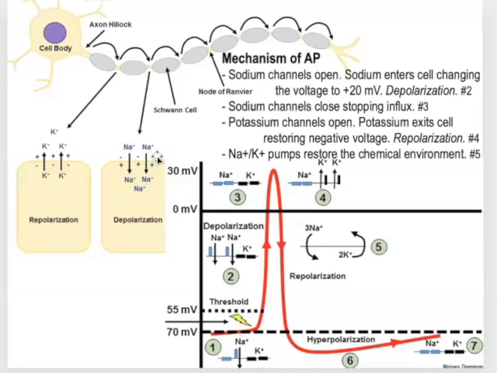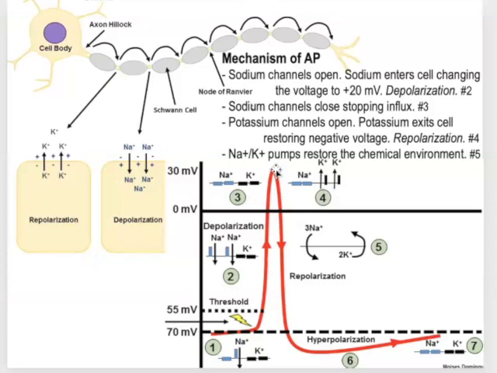See the positive ions. That change is measured as voltage, right? And so the voltage all of a sudden goes from negative 55 over to positive 30. And that's the nerve impulse that we feel. So far, so good, or not yet?